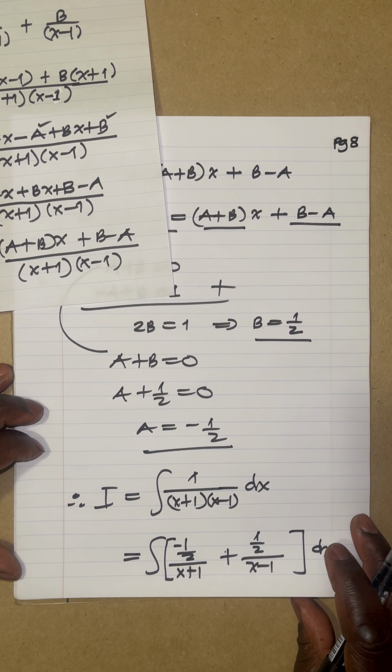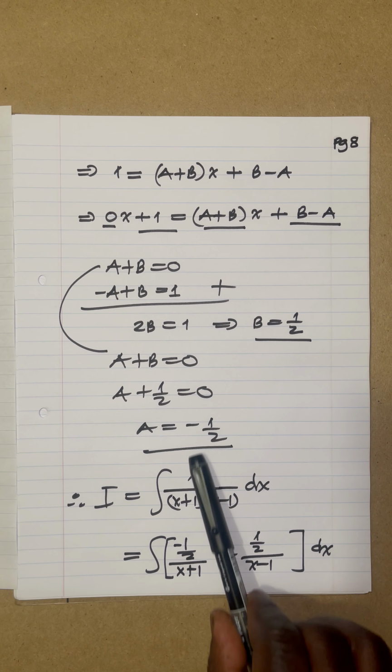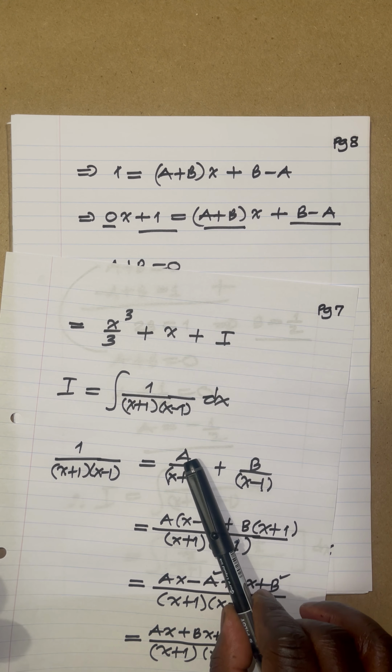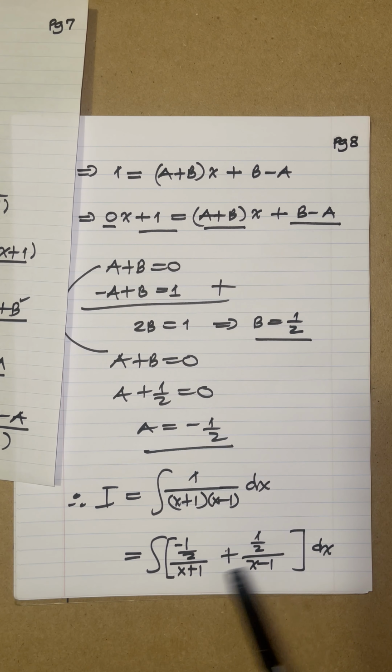Now, let's simplify this. We just remind you, a is minus half, b is half. We put minus half there and half there. So this is going to be minus half over x plus 1 plus half over x minus 1, like this.